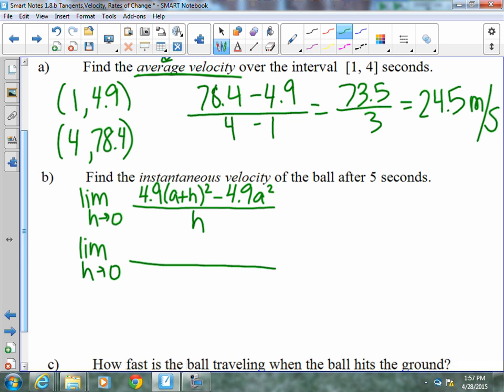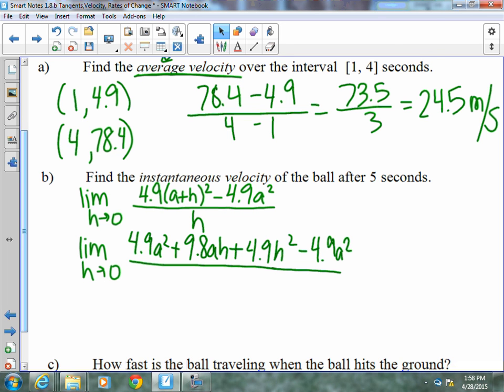We end up with 4.9 a squared plus 9.8 ah plus 4.9 h squared minus 4.9 a squared, and from here our 4.9 a squareds cancel out. We still have our h in the denominator.